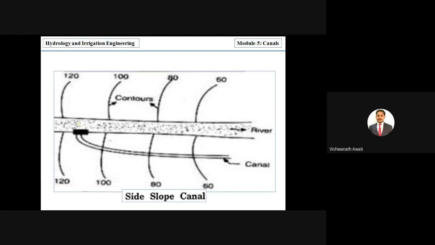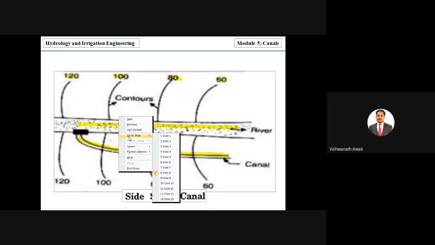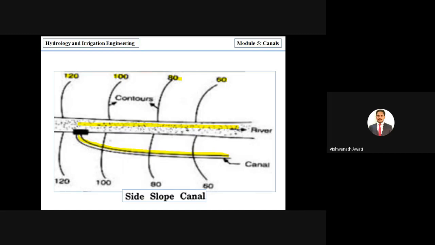As I told, here it is a river and these are the contours 120, 100, 80, 60. Here the canal is aligned at right angles to the existing contours. One more point is that it is provided along the natural drainage.